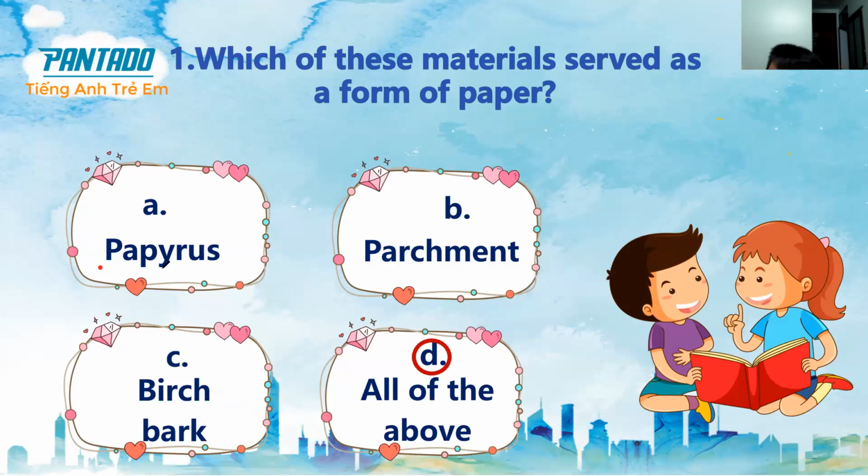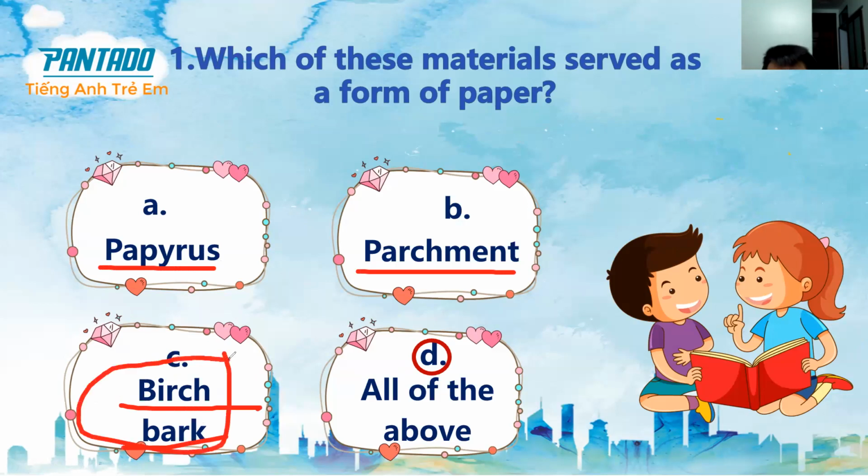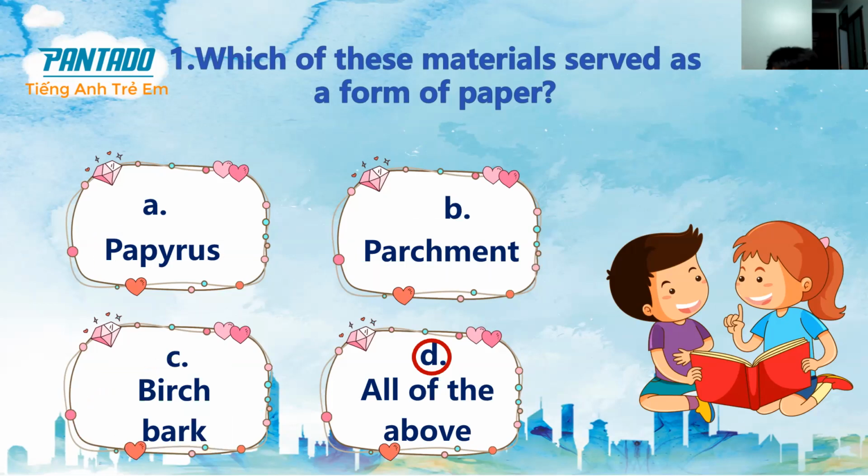The parchment, the birch bark, this is used by the Egyptians, by the Chinese. Okay, remember that. So it means all of the materials serve as a form of paper.